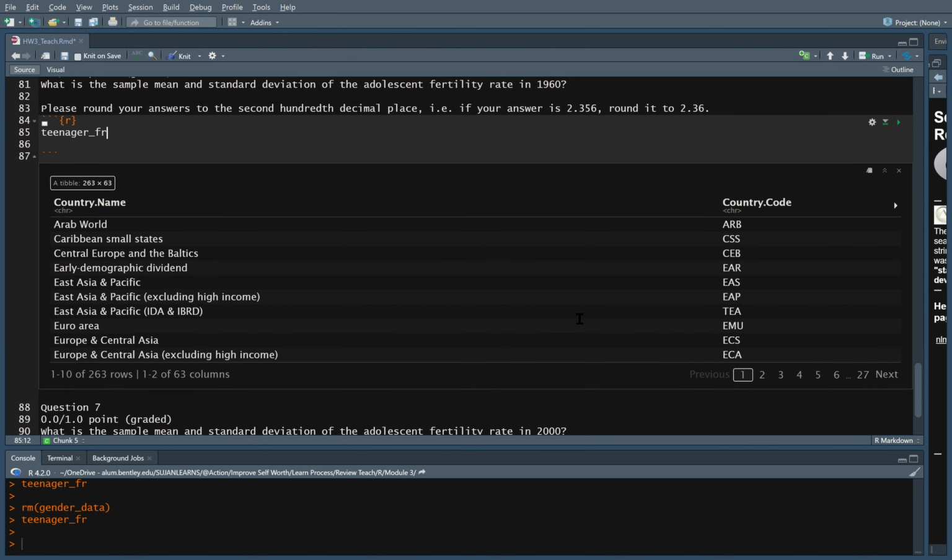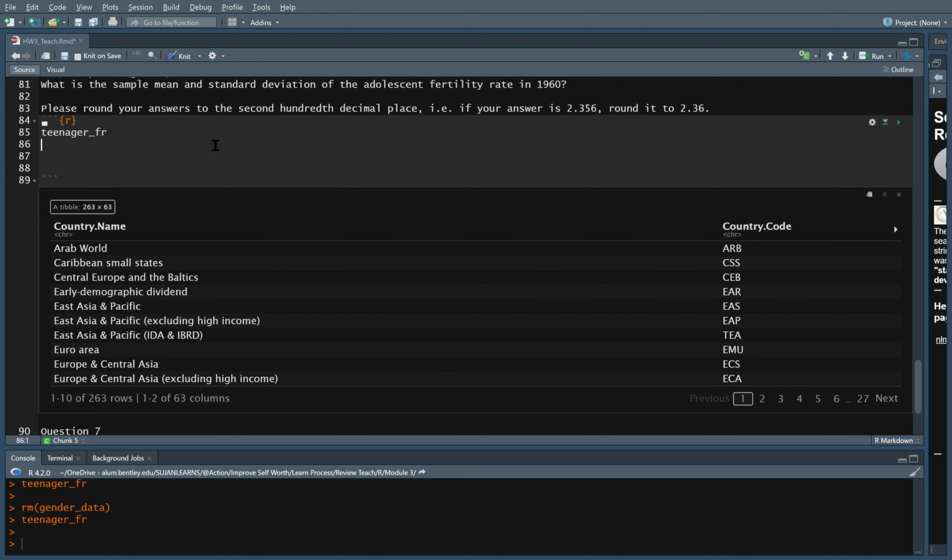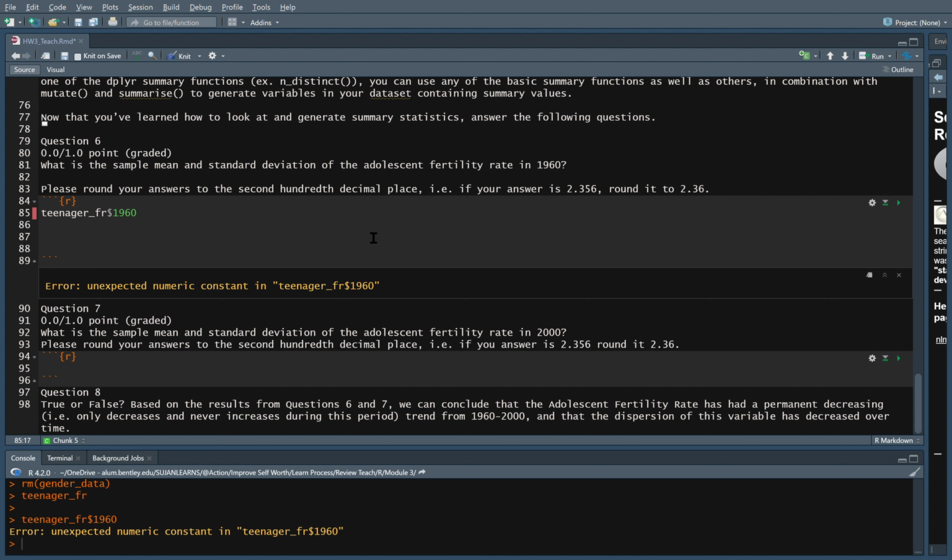And this data set we have. Now, we are supposed to focus on a particular column of this data set, that is column 1960. This is the column we are interested in, and let's run it.